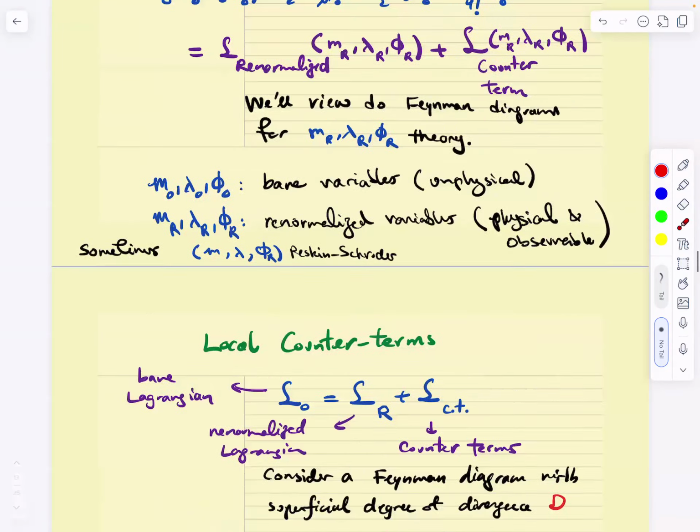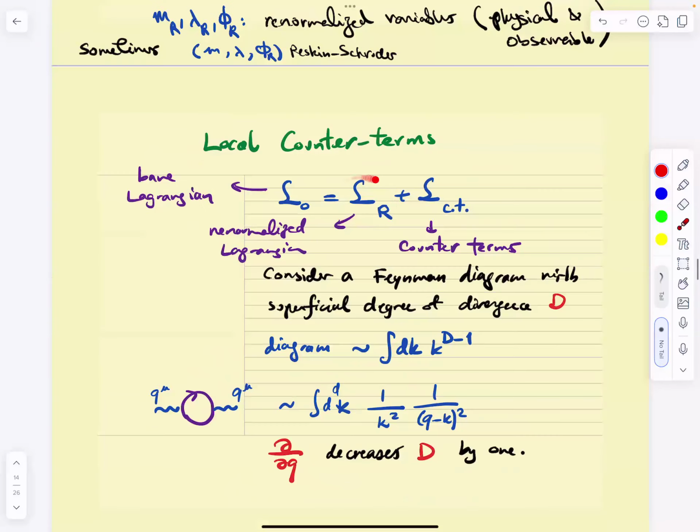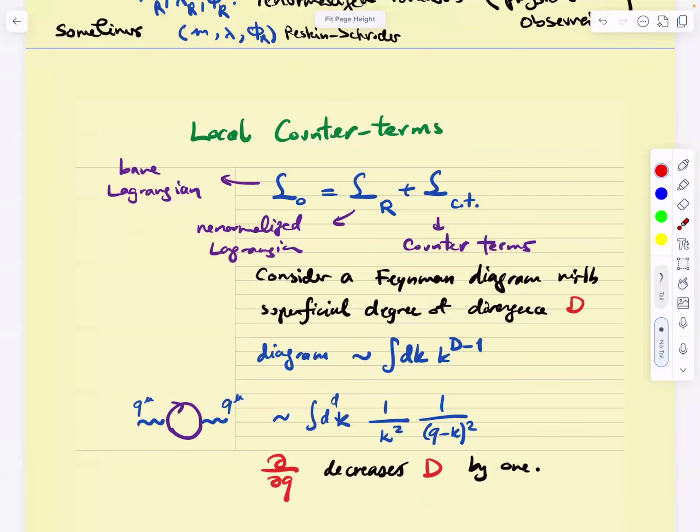So if L naught is local in space-time, you want the renormalized action to also be local in space-time, which means that the counter term should be local in space-time. They're divergent terms, but they are still local terms. That's very, very crucial, right? We're insisting on locality.